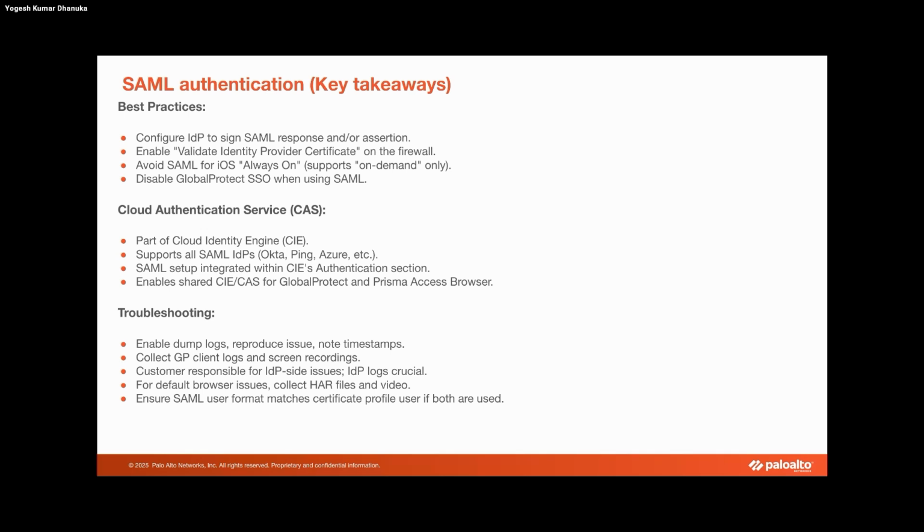So you can just disable that on the certificate profile so that there's only one username for the GP to look at, or in another way, you can have both the SAML username and the certificate username format match. If they're matching, then there's no problem because the same username is coming from both, and that can continue to work.